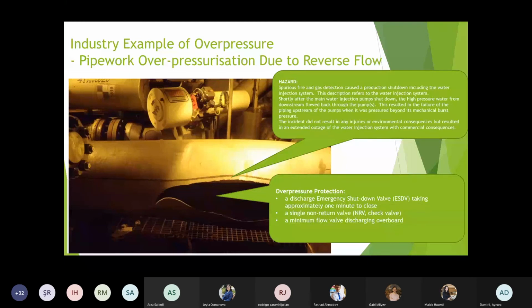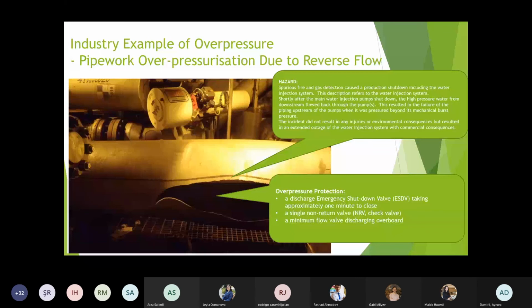This case study can be shared because this is lessons learned that we use in our industry. It didn't happen in our region, Azerbaijan, Georgia, Turkey, but it happened within the company.